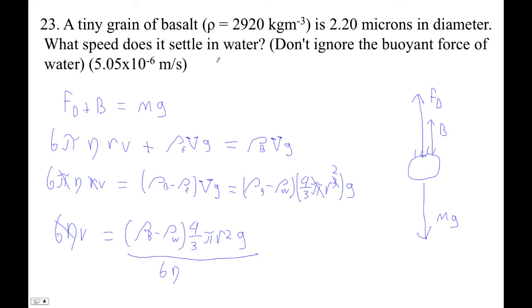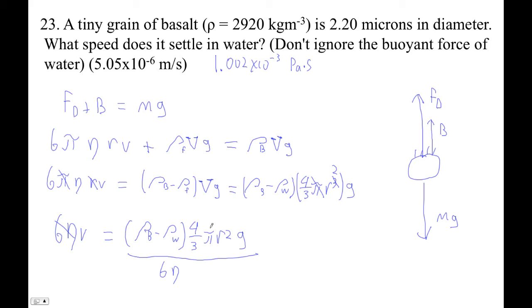I do believe I was telling you guys to use 1.002 times 10 to the minus 3 Pascal seconds for the viscosity of water. So let's plug that in. Let's hope that we get the right answer. So 1.002 e minus 3, right parenthesis. Let's see if I've got it. Enter.